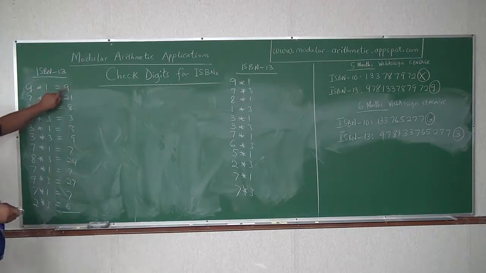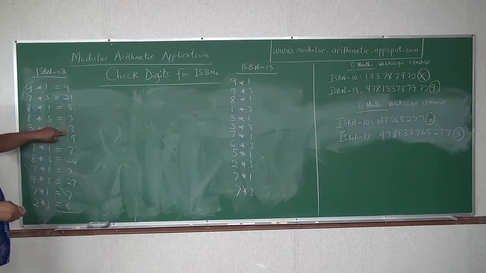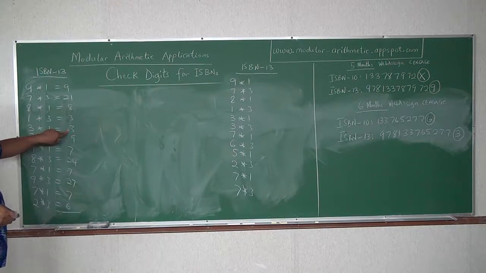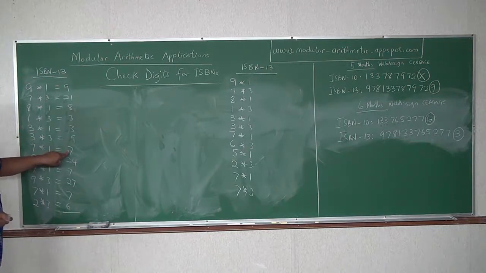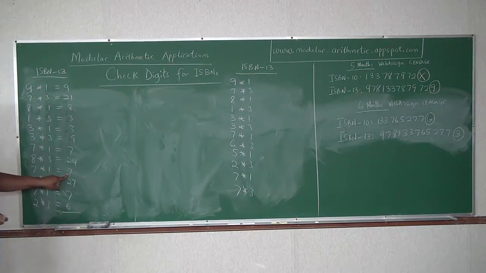Okay. 9 plus 21 is 30. Plus 8, 38. Plus 3, 41. Plus 3, 44. Plus 9, 53. Plus 7, 60. Plus 24, 84. Plus 7, 91.